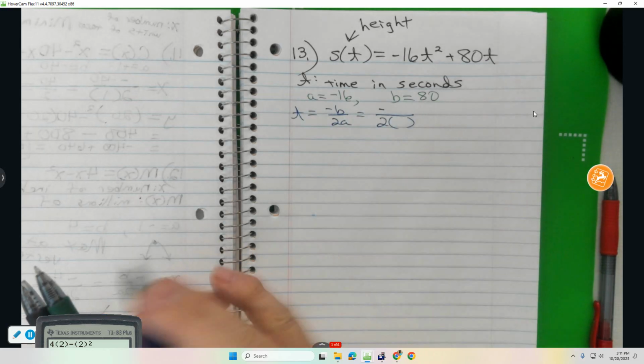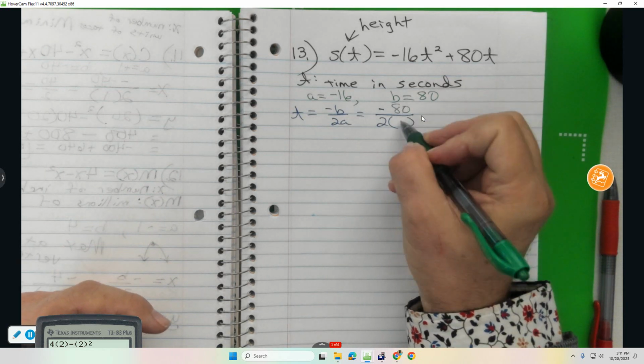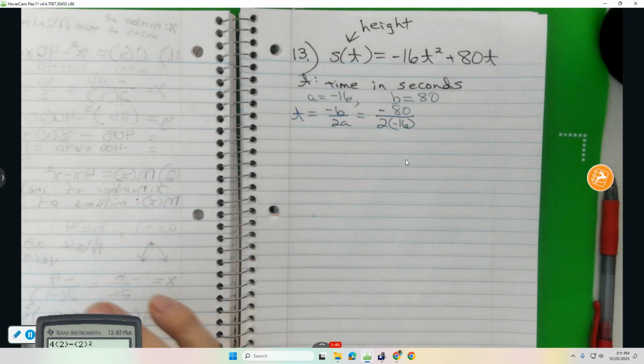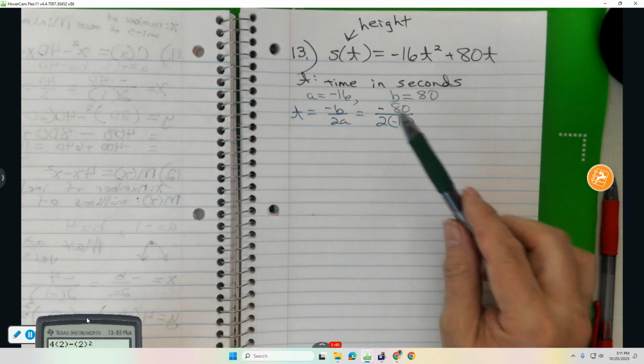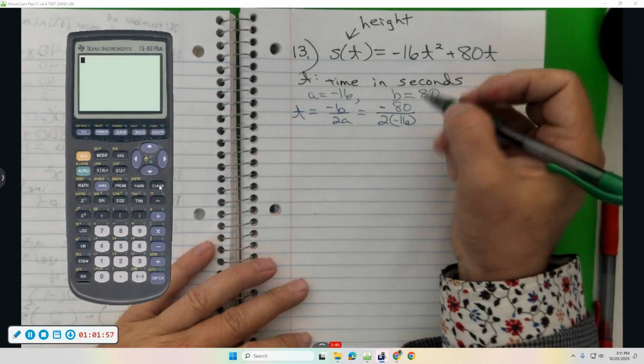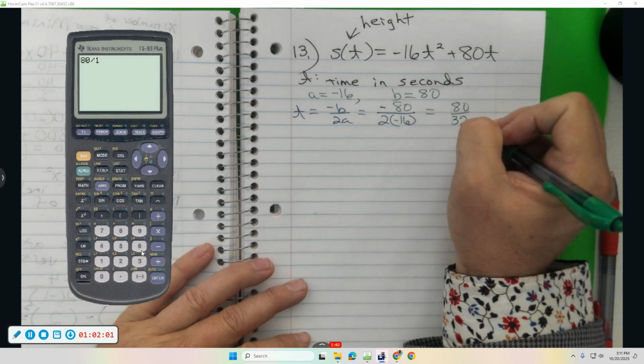Negative 80 over 2 times negative 16. Oh, this isn't going to go in evenly, is it? So that's a negative divided by negative. That's going to become a positive. 80 divided by 32.